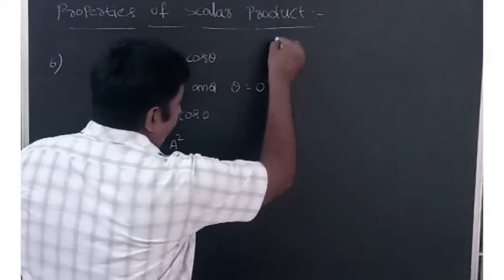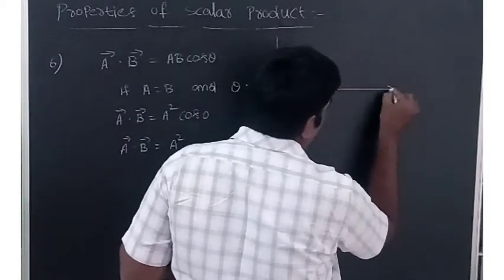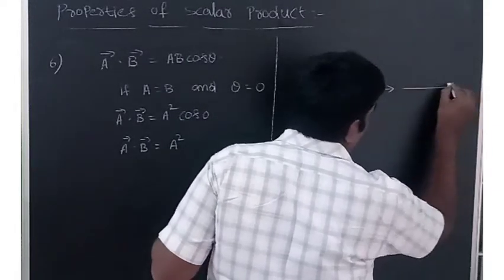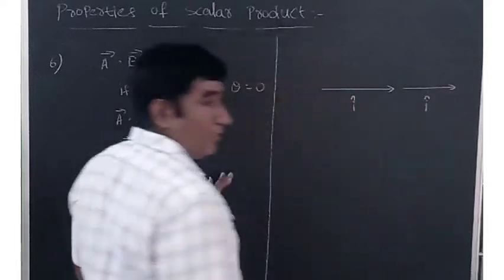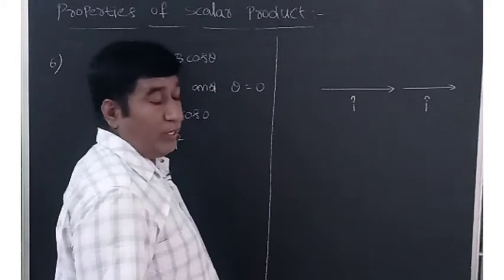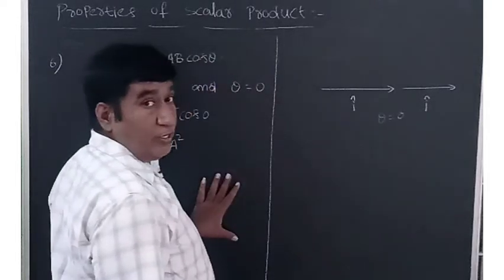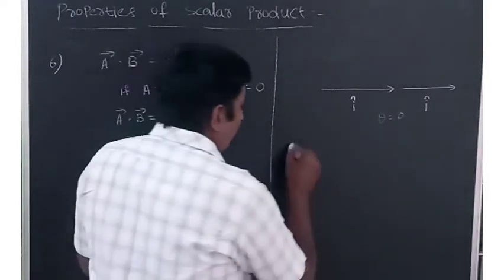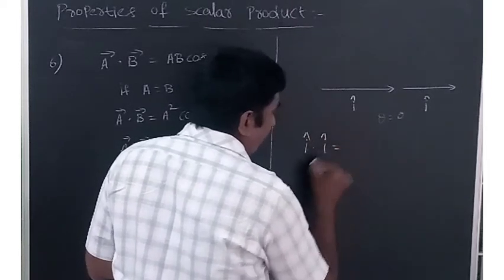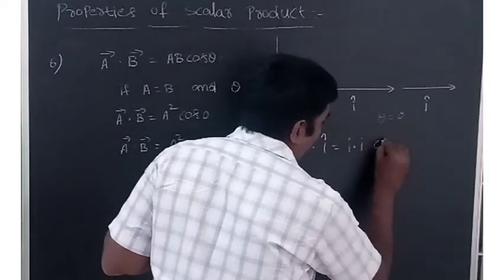The same phenomenon I am using here. If I take one vector as i cap, and in the same way one more as i cap. What does i cap represent? It is a unit vector whose magnitude is equal to 1. If the angle between them is theta equal to 0, then what will happen? i cap dot i cap is equal to i into i cos 0.